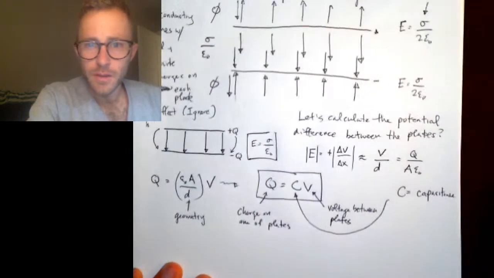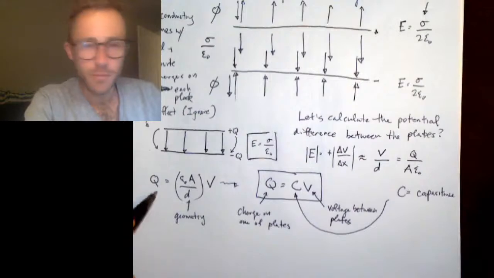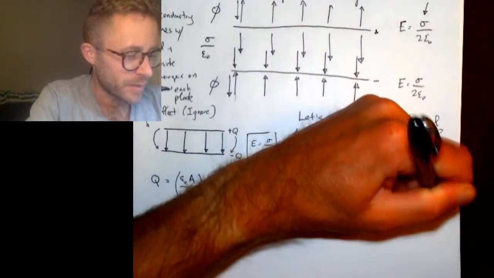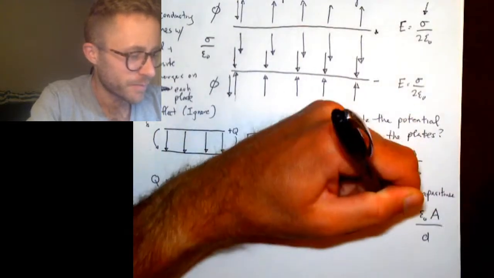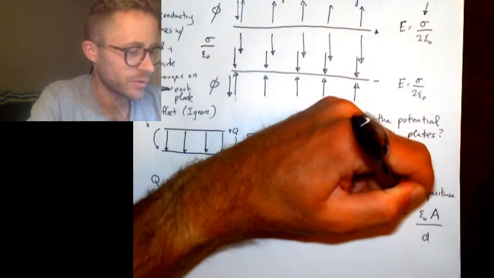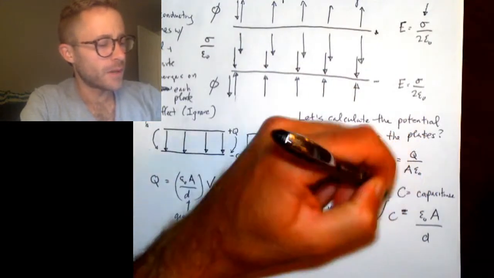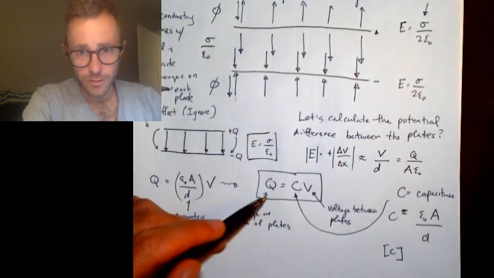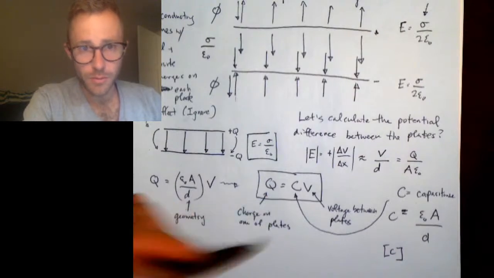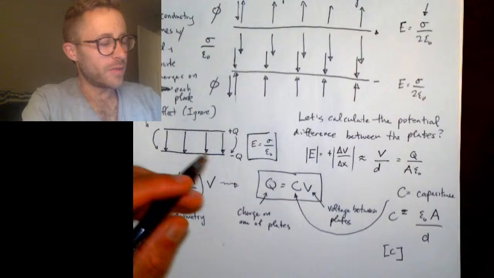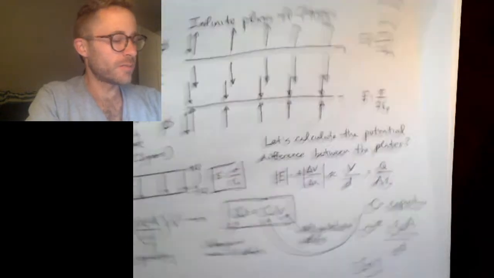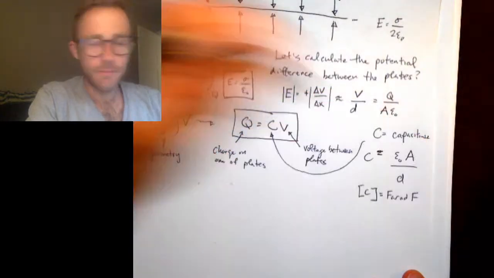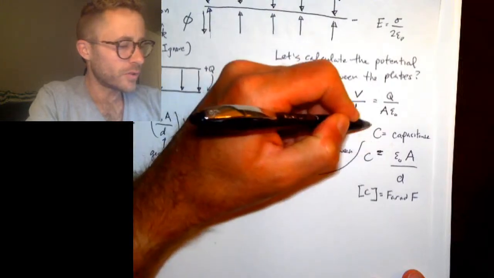And C is equal to, just by comparison between this line and this line, epsilon naught A over D. Okay, so that's equal to C. The units of capacitance, you can see based on this equation, are coulombs per volt. And that has a special name. It is called the farad, which is abbreviated by F. All right, so this is the capacitance.